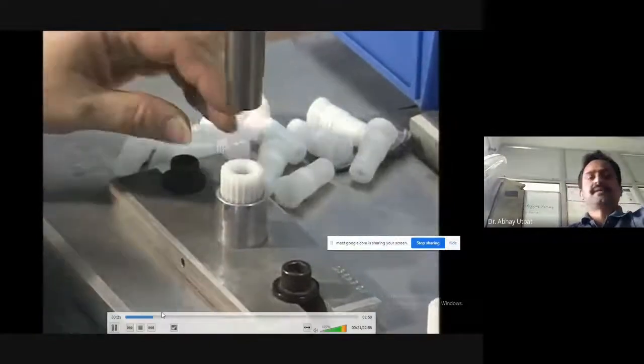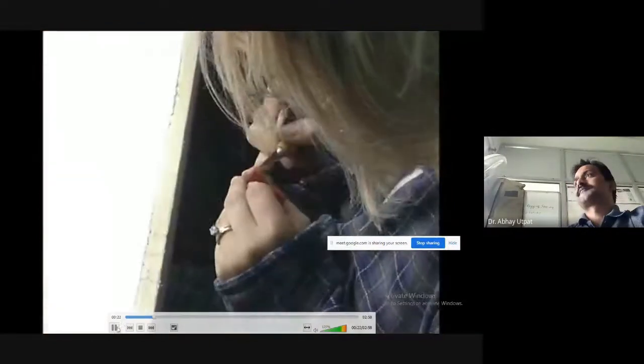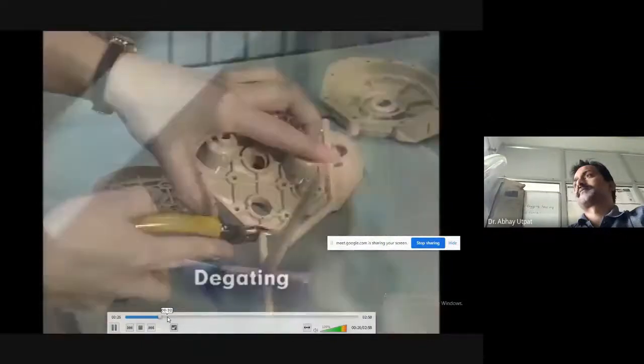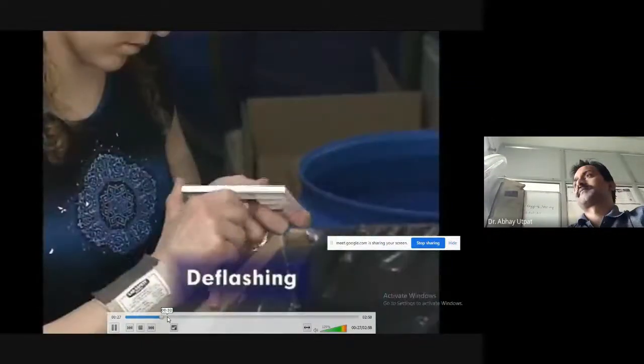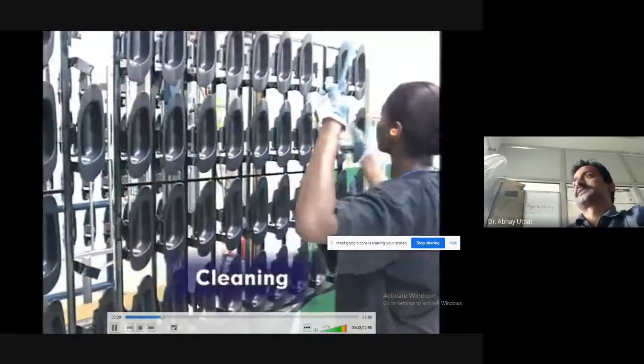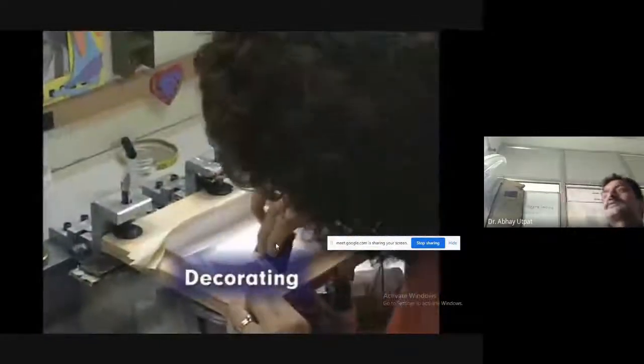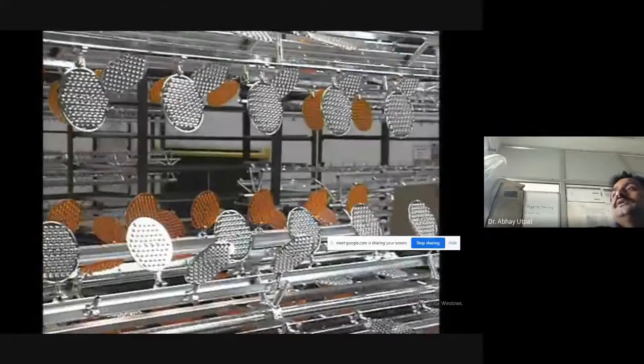Assembling, stamping, cleaning, decorating.